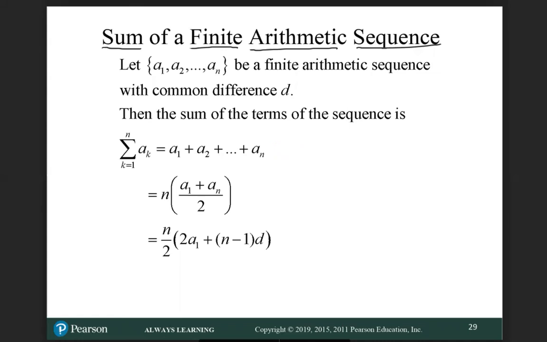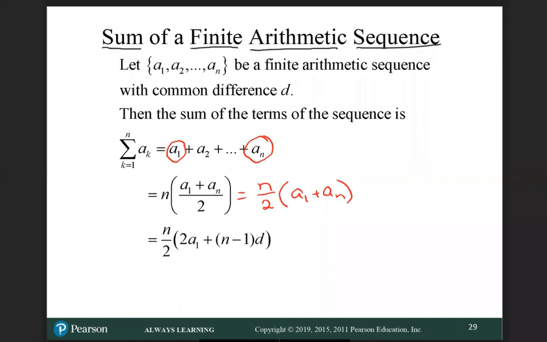If I want to find the sum of that, what I can do is take the first one and the last one, add those up, a1 plus an, and then you can think of it as dividing that by 2 or dividing n by 2. Okay, so how many terms were there? Divided by 2, multiply those together.